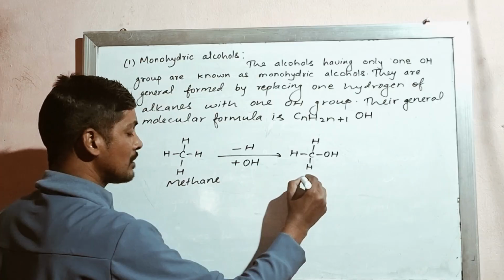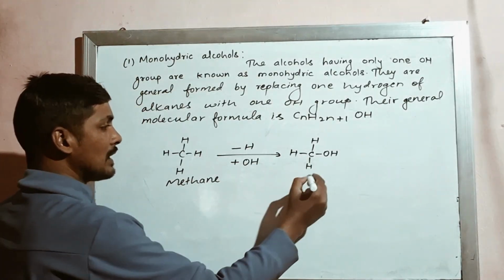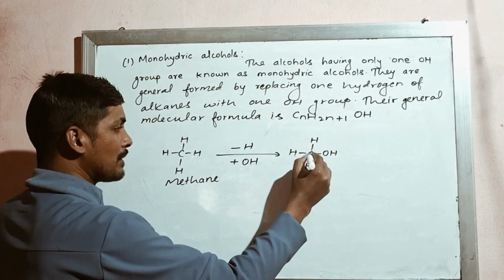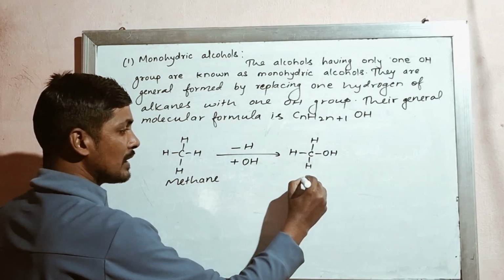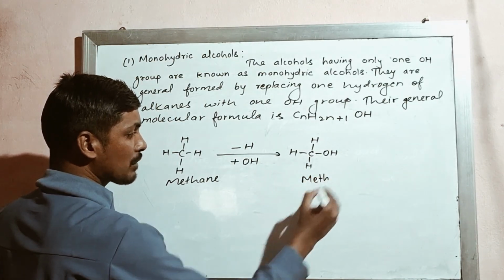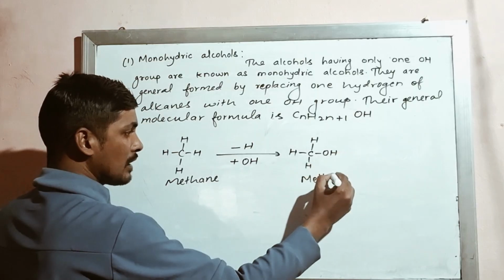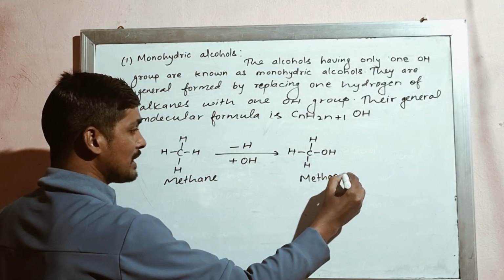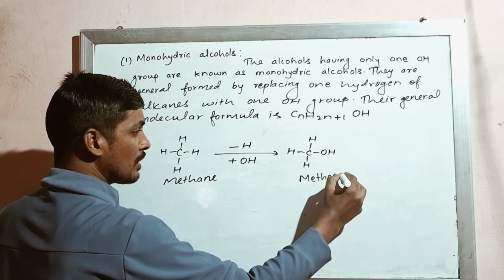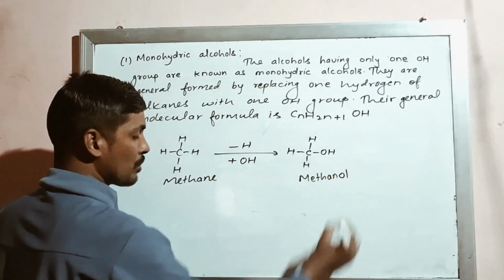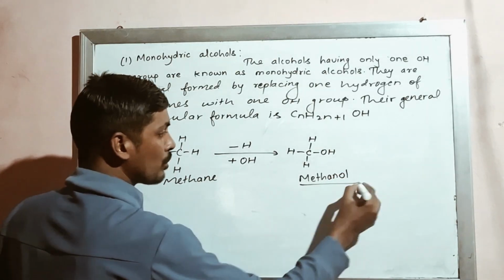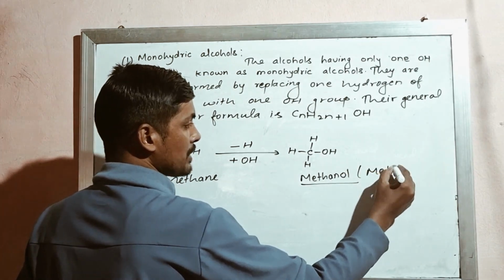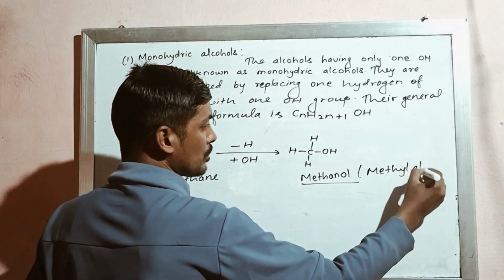Then this is an alcohol. And since it is an alcohol having only one carbon, the name starts with meth. There is a single bond, so methane, but the E is removed here by the secondary suffix ol. So its name is methanol or methyl alcohol.